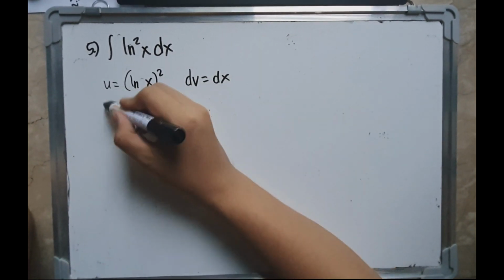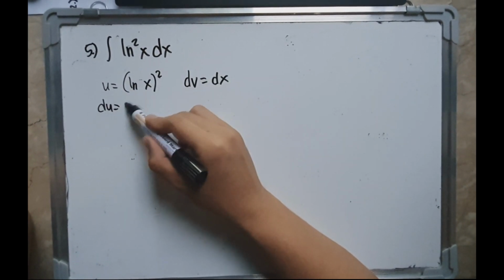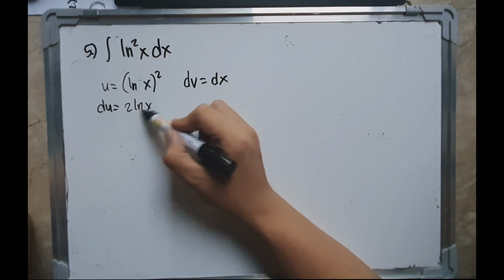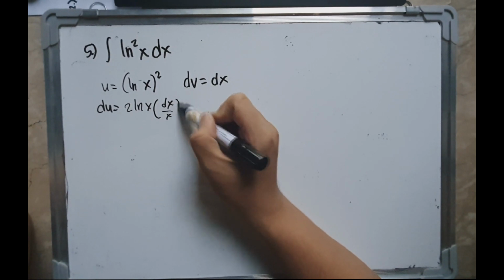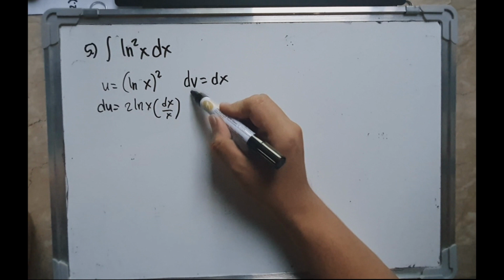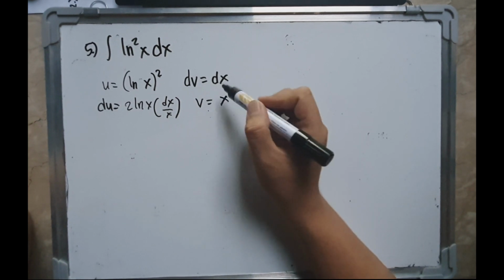The derivative of the u, by the power rule, we put 2 ln x. The derivative of ln x is dx over x. And we have right here the integral of dv, that is v. So the integral of dx is x.